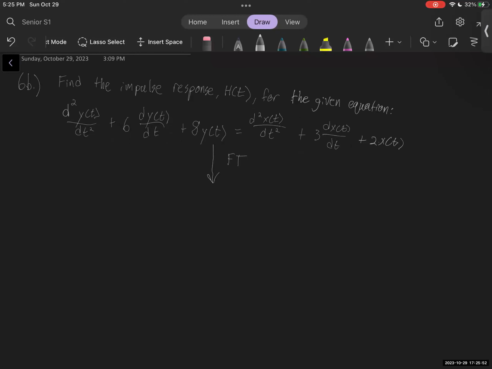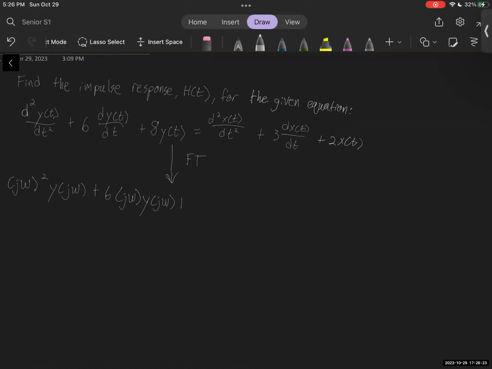So for our first term here, we don't have any scaling coefficient. So we're going to get j omega squared, because it's the second derivative, times y of j omega. And then for our second term, we have the linearity with the amplitude scaling. And then we have j omega times y of j omega.